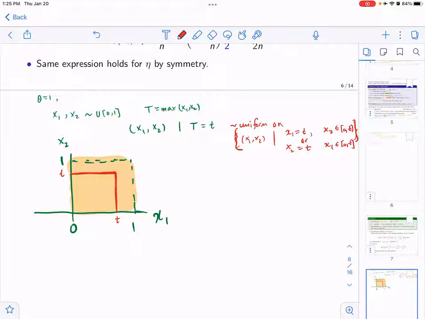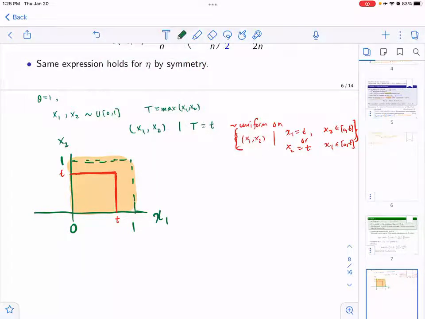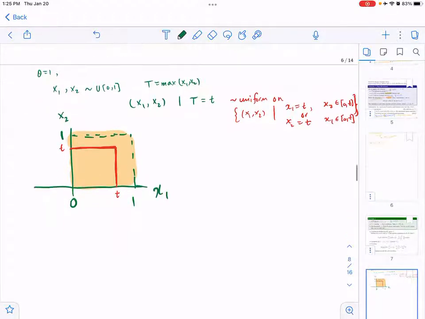Now, if I want to compute the marginal, uniformity, because the mass is uniformly distributed everywhere on 0 to 1, right? Once I condition, I basically restrict myself. So there is no lump of mass anywhere here, so it has to be uniform on this and on this. So it's sort of by some sort of symmetry. So suppose I want to compute the conditional expectation of x1 given t.